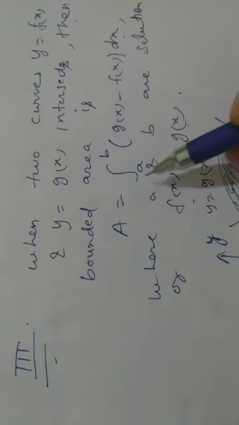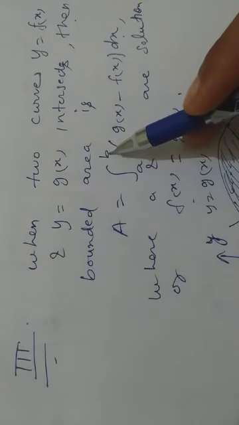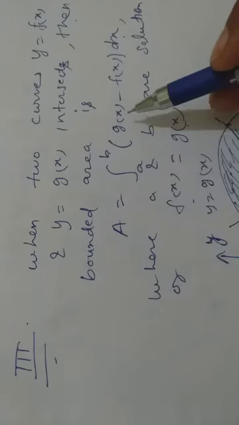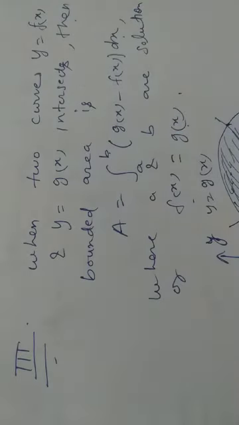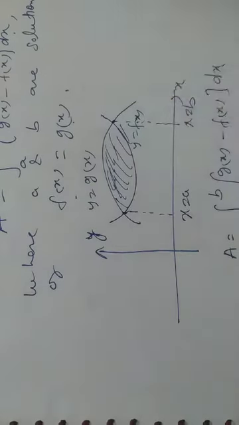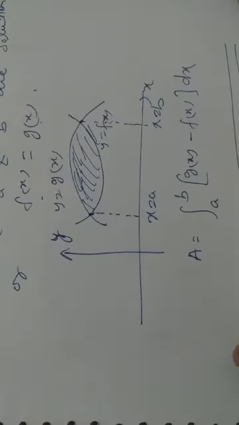That is, x equal to a and x equal to b are the intersection points of f(x) and g(x). So this is the figure and this is the required area.